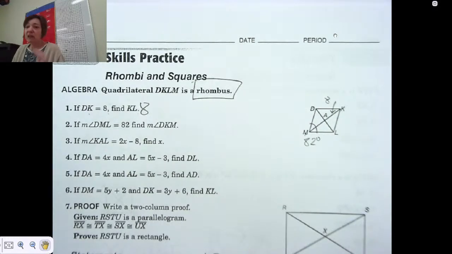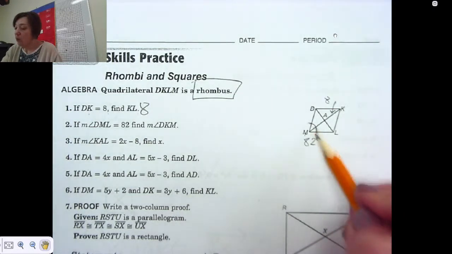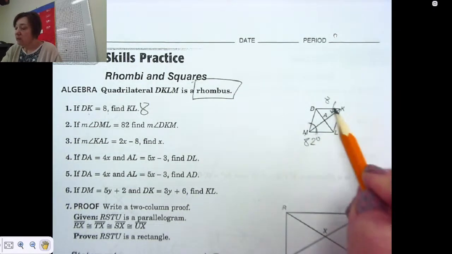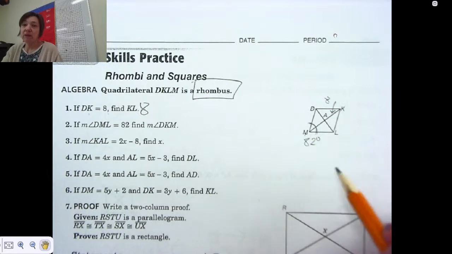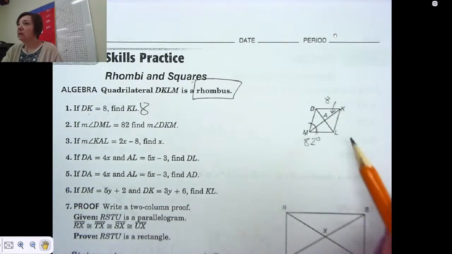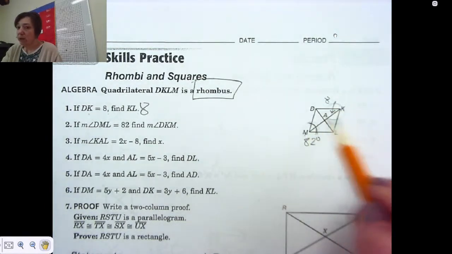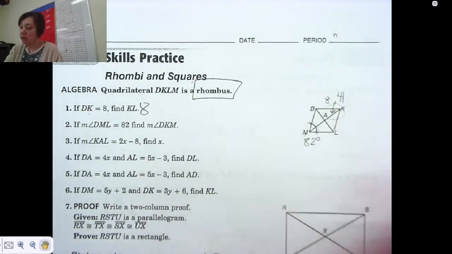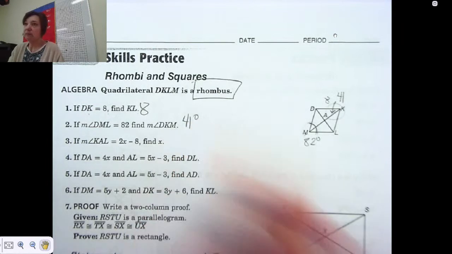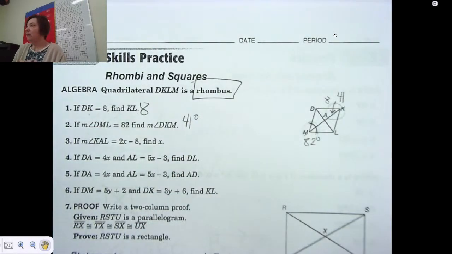So, since those diagonals bisect those angles, if the whole thing is 82, what's half of that going to be? 41, right? So this whole angle is 82. So half of that angle is going to be 41. So that answer is 41 degrees. See how simple that is? It's probably some of the easiest stuff we've done.